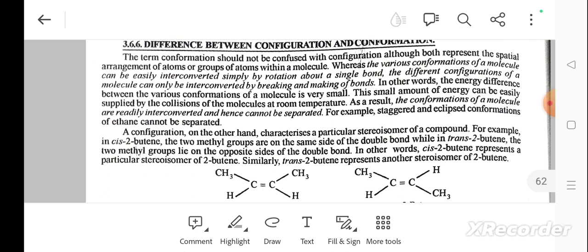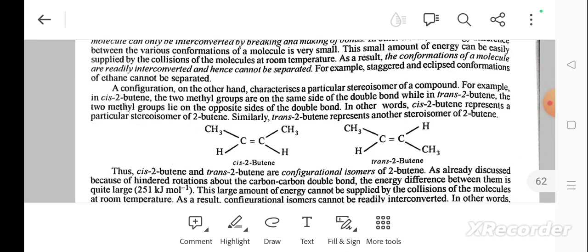The energy required for conformational change is supplied by the collision of molecules at room temperature. As a result, conformations cannot be separated, for example the staggered and eclipsed conformations of ethane.